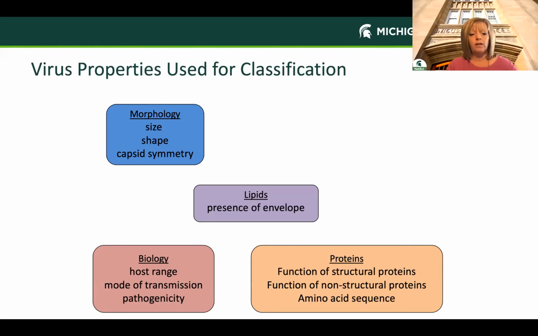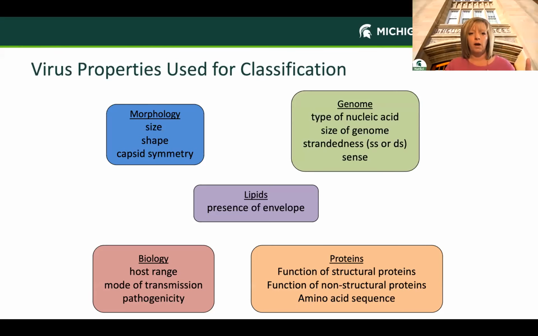All of those things in turn will determine the biology of the virus. What's the host range? What types of organisms does it infect, and what types of cells within those organisms? How is the virus transmitted? What is the pathogenicity? But the overarching characteristic is the genome. So if we know the genome sequence, we can start to predict all of these other characteristics.